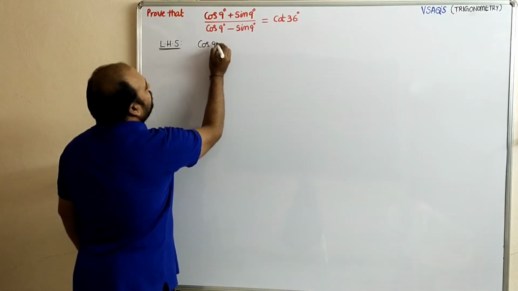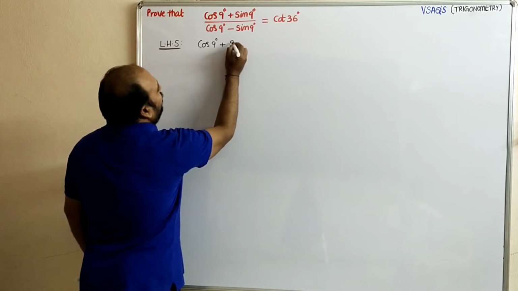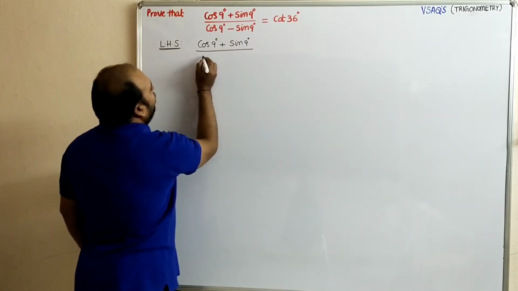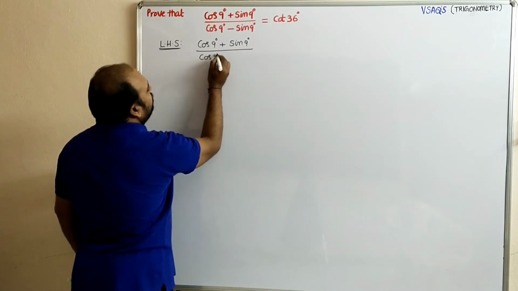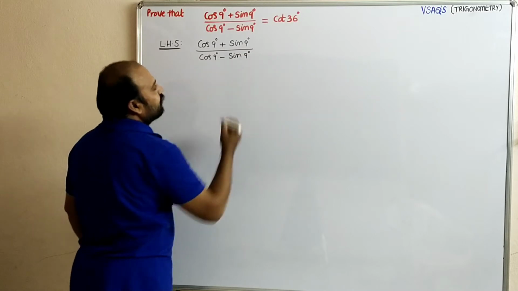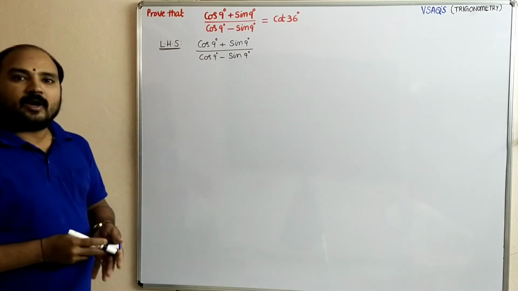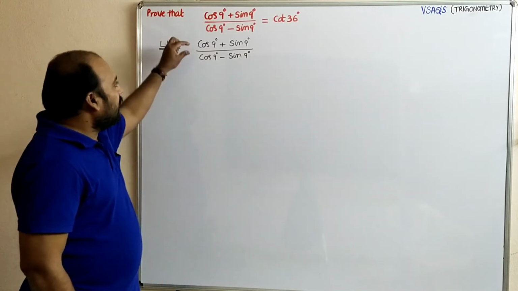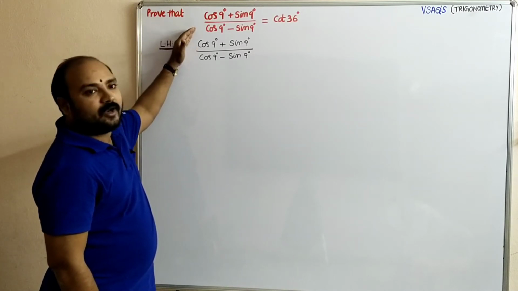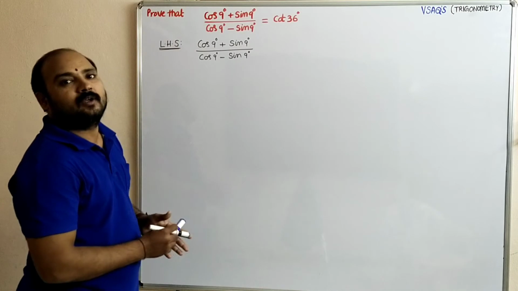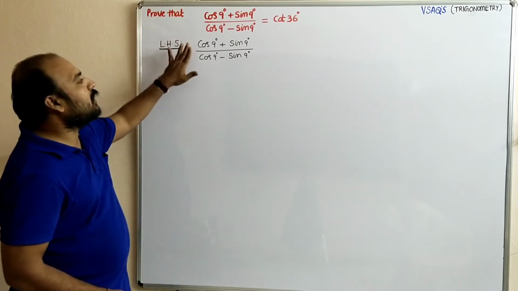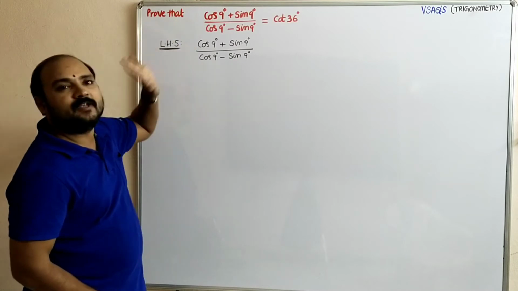Cos 9 degrees plus sin 9 degrees divided by cos 9 degrees minus sin 9 degrees. Now what I am doing is cos 9 degrees I am taking common from the numerator as well as denominator. Otherwise you can write like this also. Divide numerator and denominator by cos 9 degrees.